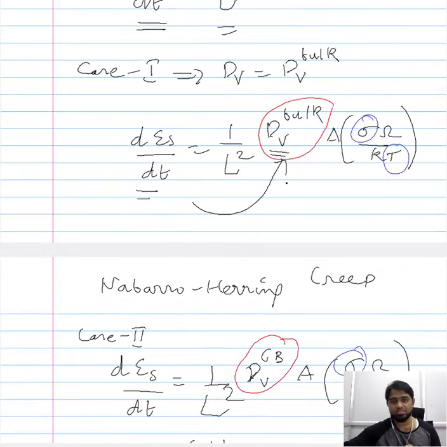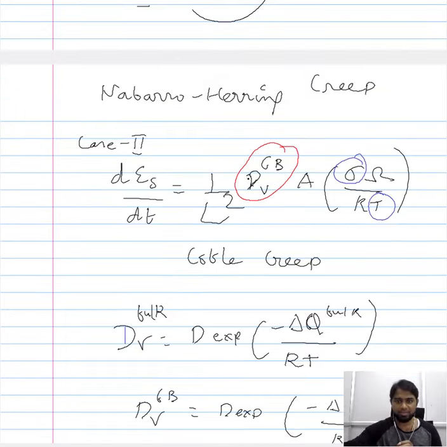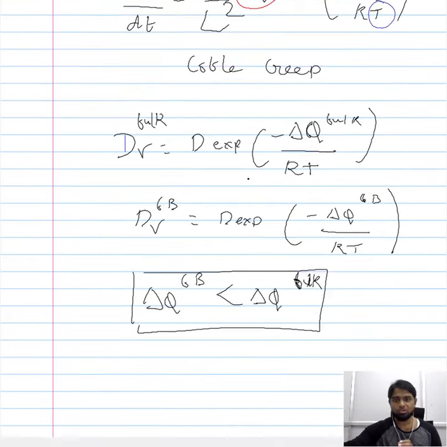When you consider two different diffusivities, the bulk diffusivity within the grain and the grain boundary diffusivity, you have two different forms of creep within the diffusion creep mechanism. The Nabarro-Herring creep considers the bulk diffusivity alone, and the Coble creep considers the grain boundary diffusivity alone.